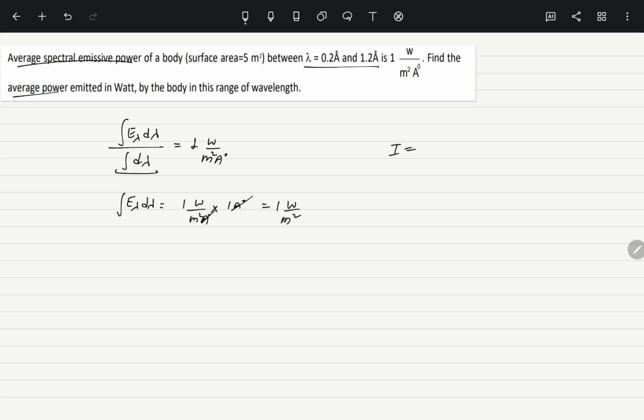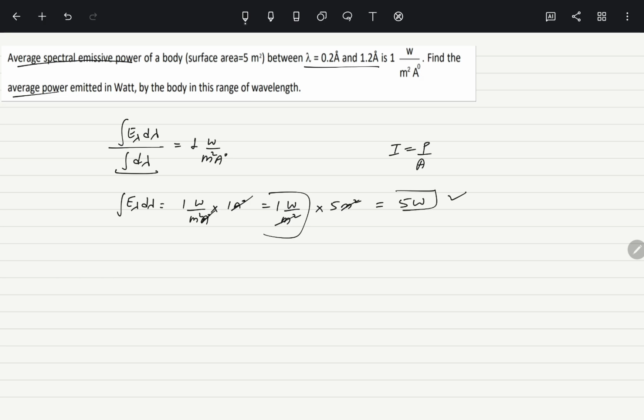We know that intensity is equal to power by area, power per unit area. That's how we define it. So what is the power then? Intensity into area. From the unit also we can say how to get watt from watt per meter square. We just need to multiply with the surface area. So if we multiply this with the surface area, which is 5 meter square, you will get power, and that is 5 watt, and that is the answer, right?